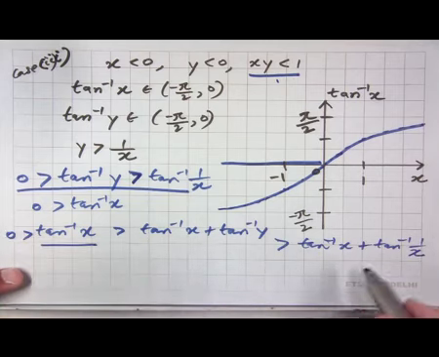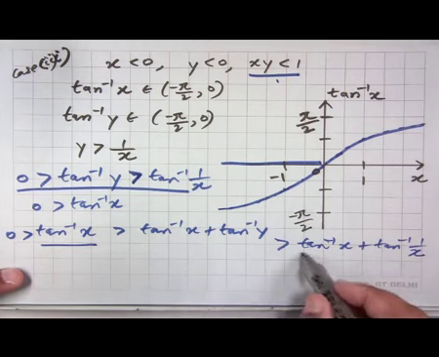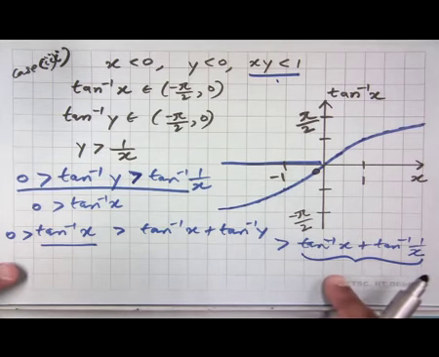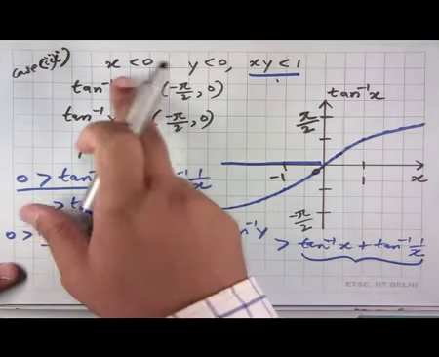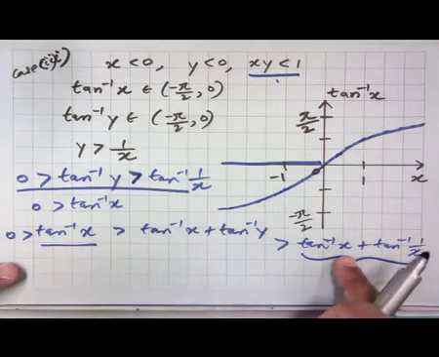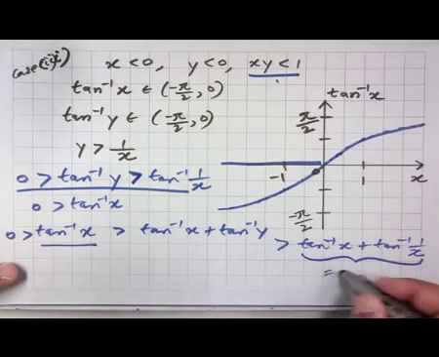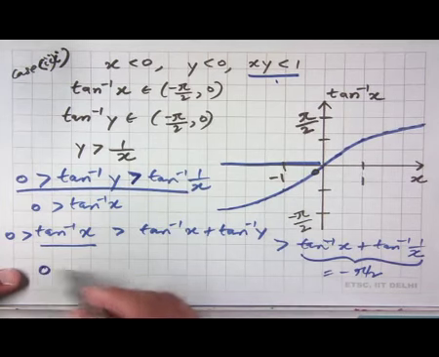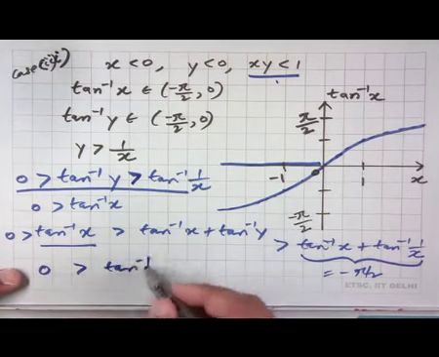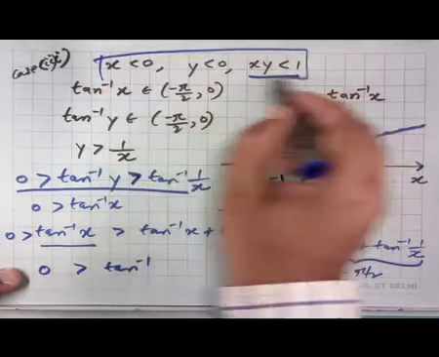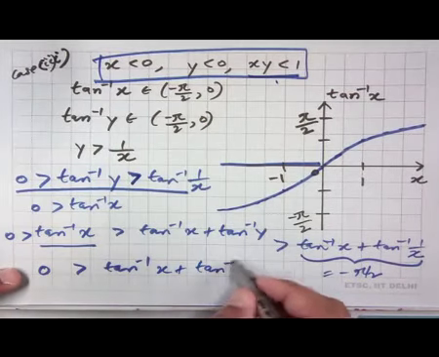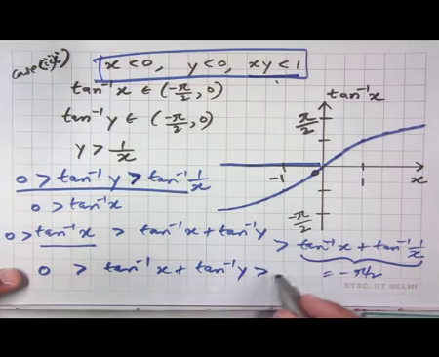So from here we also see that on the previous slide we saw that for all x negative, tan inverse x plus tan inverse 1 over x is equal to minus pi by 2. And therefore, it follows that if x and y satisfy these three conditions, then tan inverse x plus tan inverse y lies between 0 and minus pi by 2.